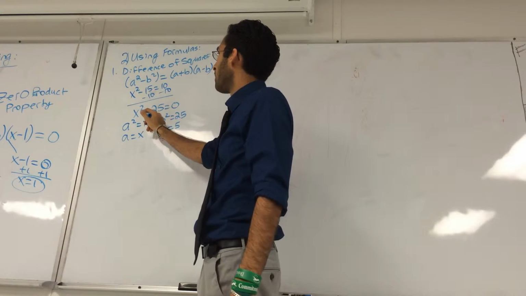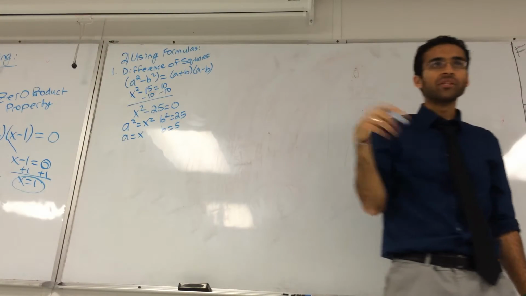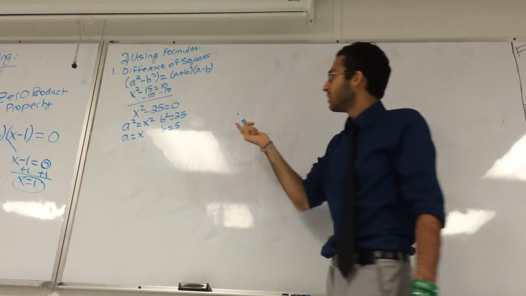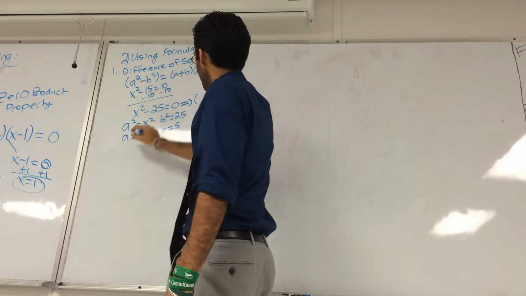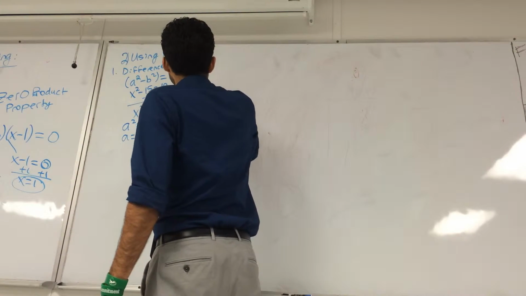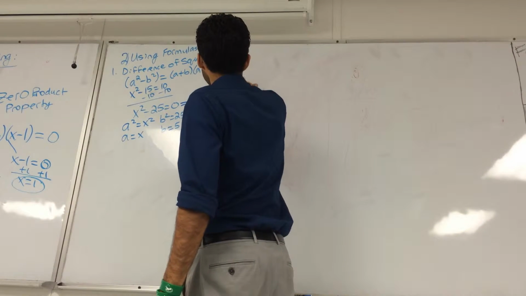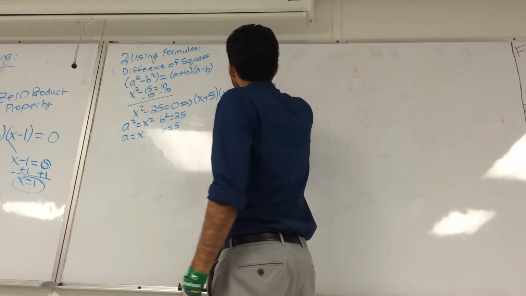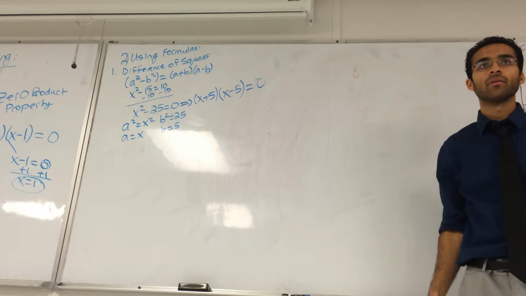So the minus sign, remember, is already there because it is a difference. Difference means subtraction. And now we can write our final answer. So this equals a plus b, x plus 5, times a minus b, x minus 5, equals 0. And there we have it factored.